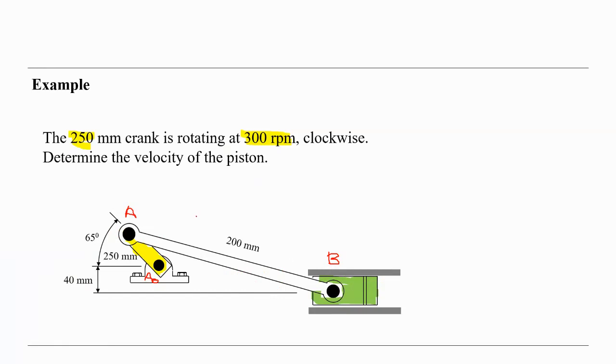So the question is, how can we calculate the velocity of the piston? Let's say this is P, our piston.